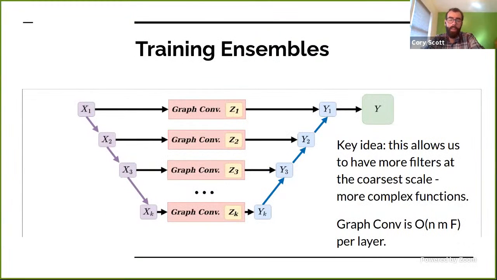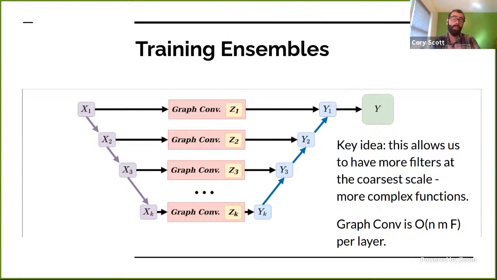So the basic idea behind this kind of multiscale training method is that each layer of graph convolution has computational cost that is big O of the number of nodes in the graph times the number of edges in the graph times the number of channels, so the amount of information you have at each node.